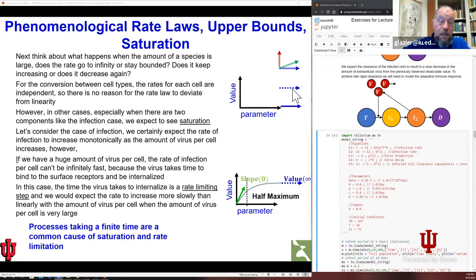If it's going to stay finite, it also has to be flat. If our rate goes to infinity as we go to infinity, the slope could keep going up. It could have some kind of exponential increase. It could be linear, stay straight, or it could saturate and flatten out like the other two. So we have a couple of possibilities.